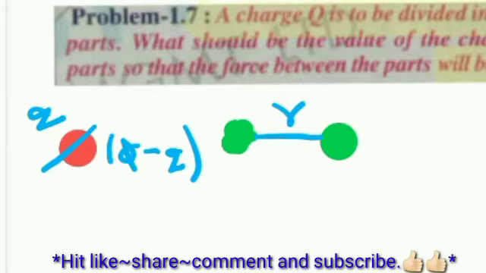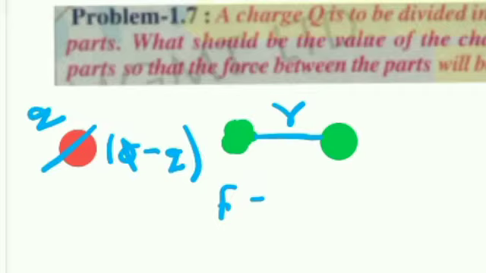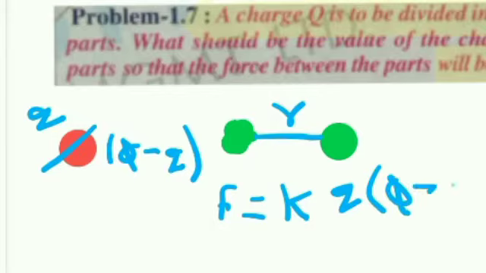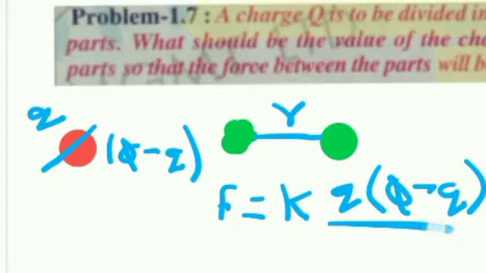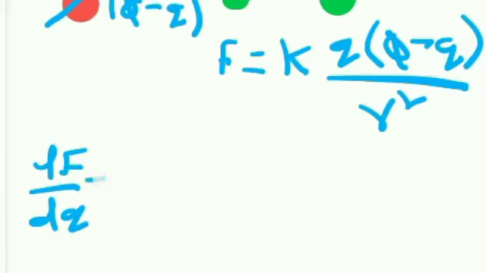F is equal to K into small q into (capital Q minus small q) by r square. When it is maximum, the first differential dF by dq is equal to 0.